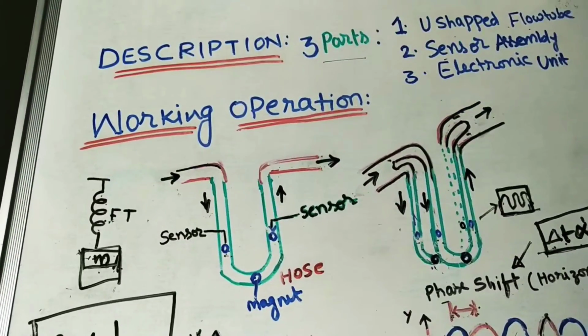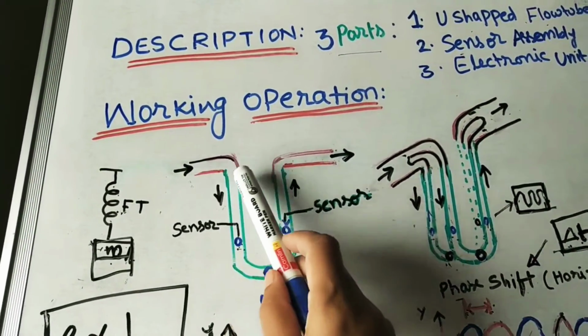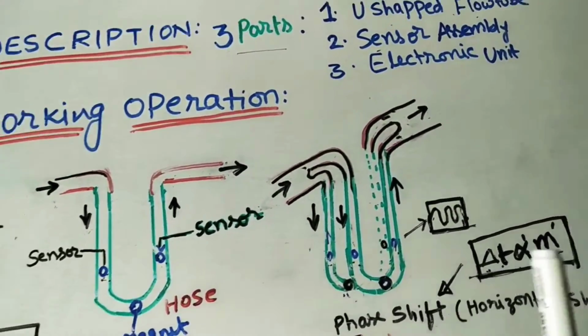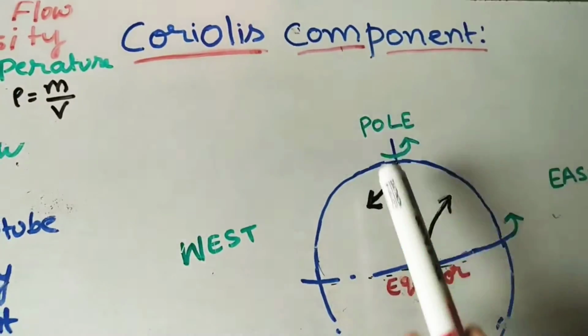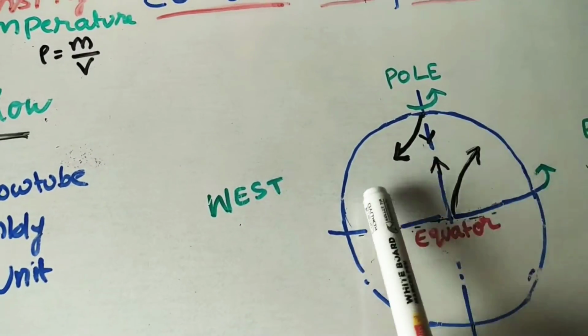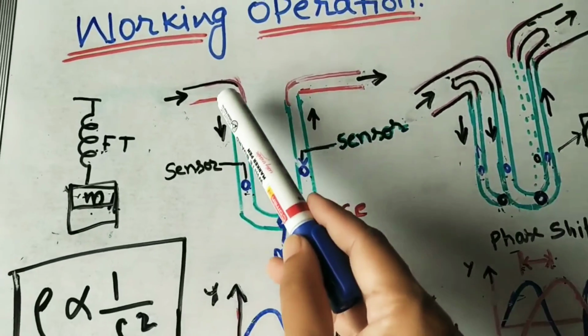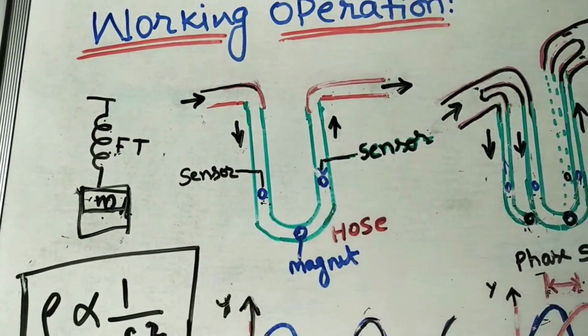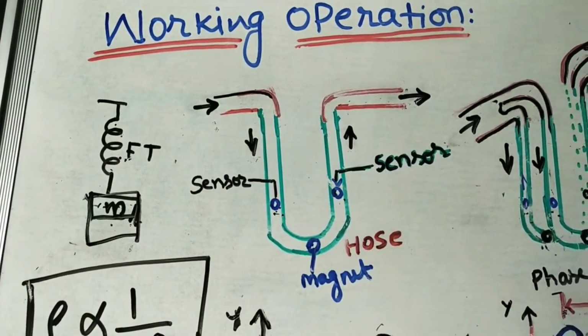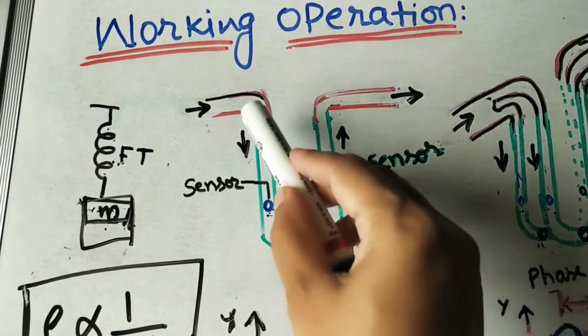Whenever flow is coming inside the pipe, the weight is coming in the downward direction. Here also, as in the Coriolis component, when the weight is coming downward, the projectile is in this direction. So this pipe or this hose will twist. Initially it is like this, it will twist like this because of the projectile of the weight.